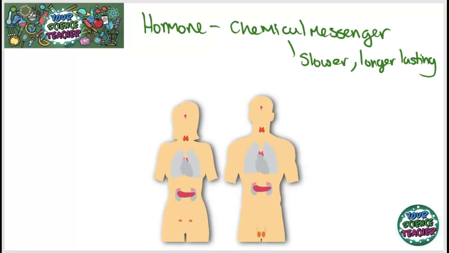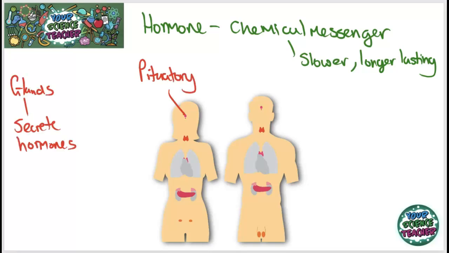We have some glands in our brain, and the main one in our brain is called the pituitary gland, which is also known as the master gland. The reason why we call the pituitary gland the master gland is because it also produces other hormones that can stimulate other glands to start secreting hormones.